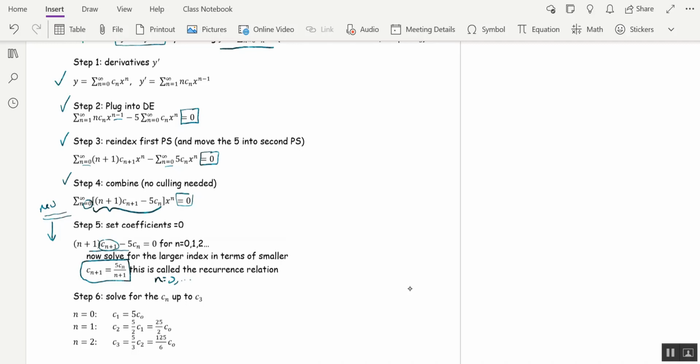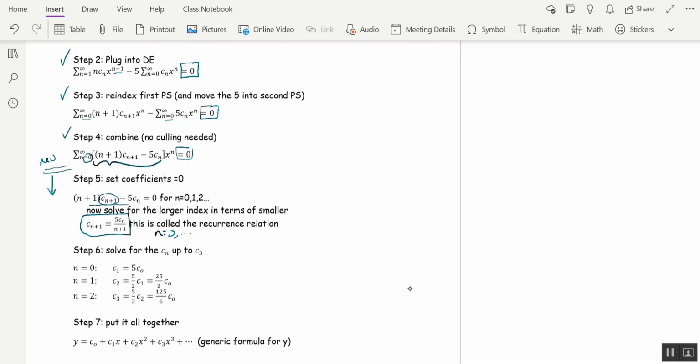Okay, now I can start computing those coefficients. When n is 0, literally put 0 in for n, and over here you get 5c0, which I have here. And then when n is 1, we're going to be able to write c2 in terms of c0, because c2 is 5 halves c1, using the formula up here.